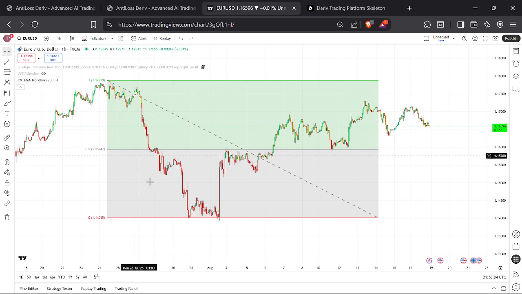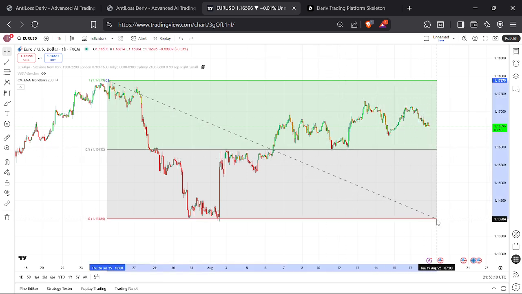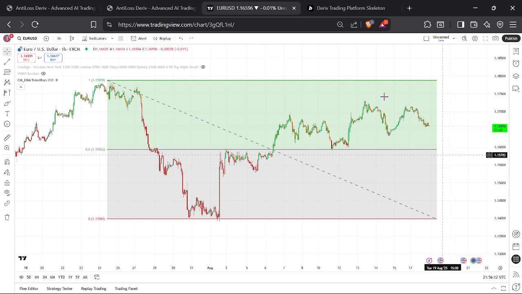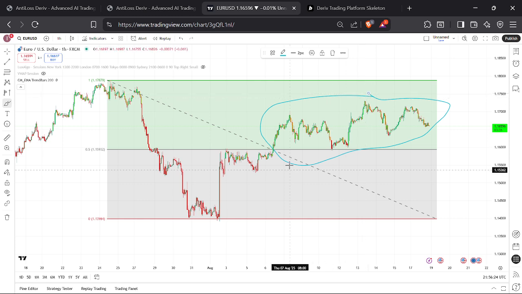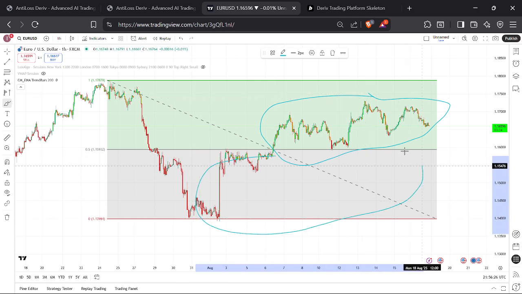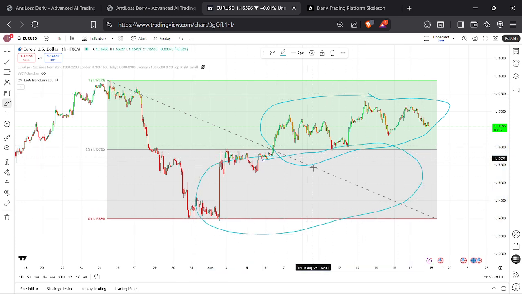Now we are trading inside this range and we are currently in a premium market, so I will be much more interested in what's going on right here in the premium market. Okay, I don't have anything to look for down here because this is the discount market, but currently we are not in this discount market.